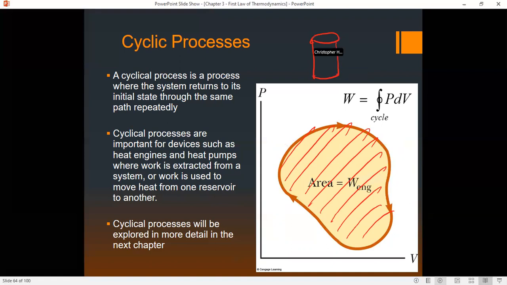Maybe it's an internal combustion engine. But in any case, the cylinder piston can move up and down, right? So here it's expanding, so the cylinder is moving upward to this point, and then it starts going down, okay, and compresses again. Every time that cylinder would fire, that would be one complete thermodynamic cycle.